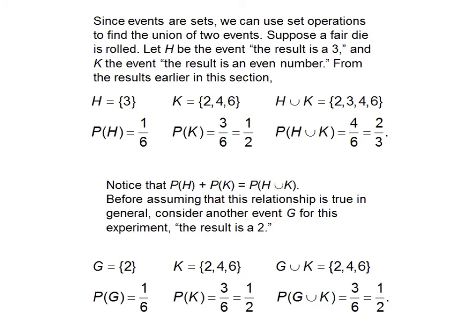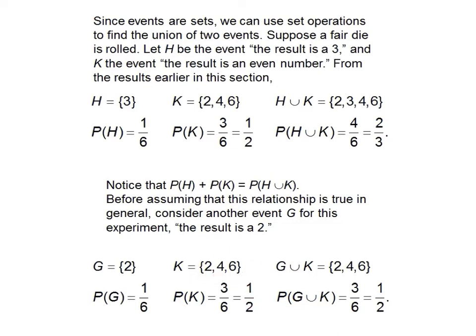Before you assume that this is true in general, you have to consider another event G. Event G is the result is a 2. So now we're going to look at the probability of G and K. G's result is a 2, so we have 1/6. For K, we have an even number, again 1/2.